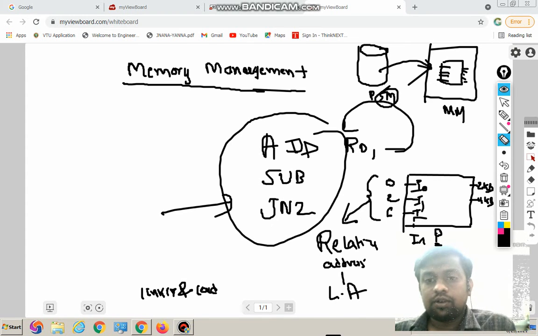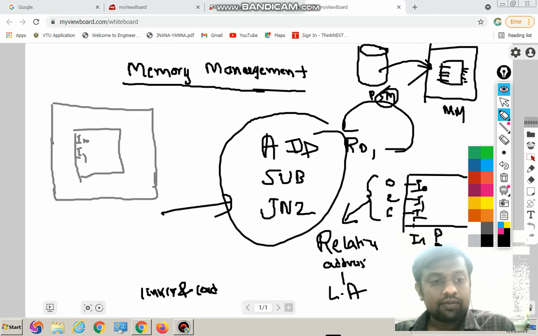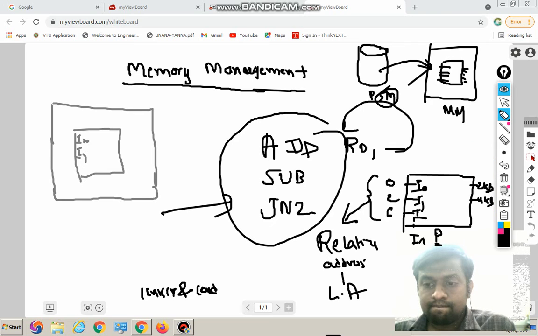Okay, now you can see here. Assume that we have loaded the process to main memory. As I said, it will be bound with some more addresses now: I0, I1, I2, so on up to IN.